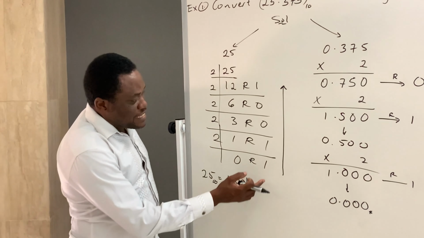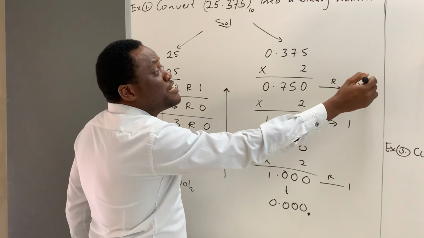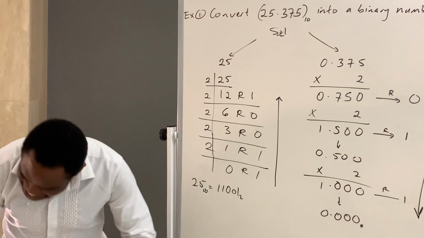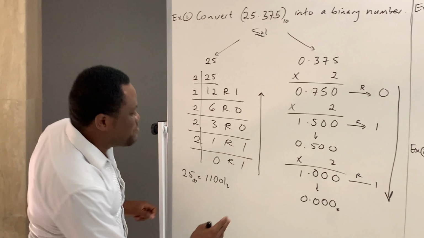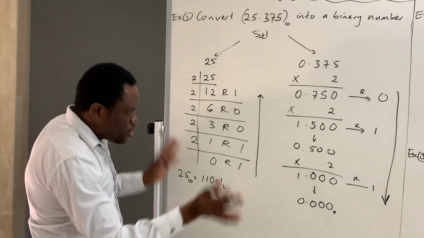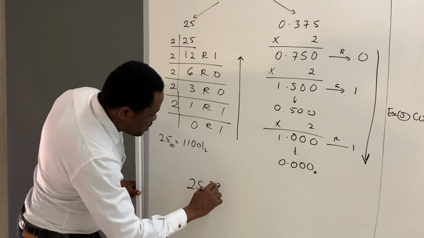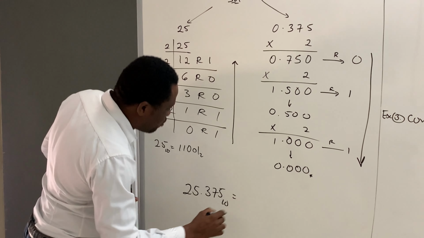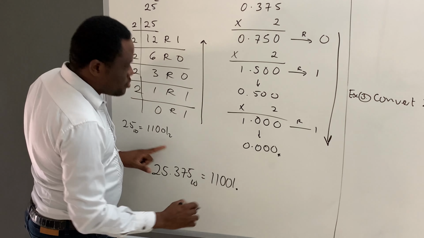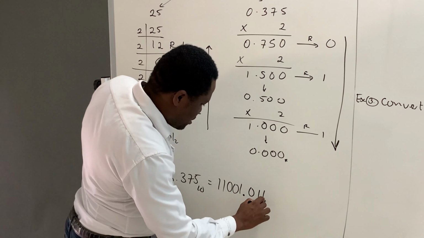Now, be careful. This place, we read from the least up. But this place, we read from up down. Are we together? Mathematics is very sweet. You move this way and you come down this way. So for this part, put everything together. 25.375 in base 10 is now the same as 11001.011 in base 2.